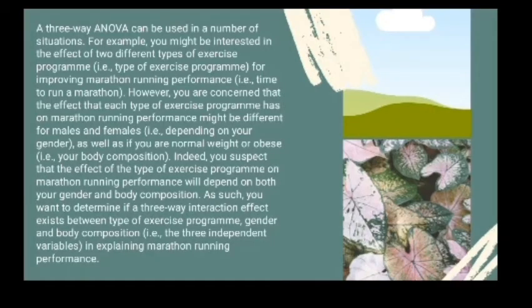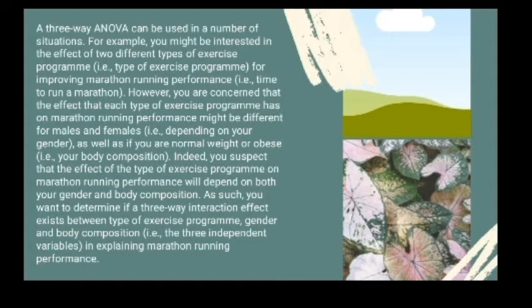A three-way ANOVA can be used in a number of situations. For example, you might be interested in the effect of two different types of exercise programs for improving marathon running performance. However, you are concerned that the effect that each type of exercise program has on marathon running performance might be different for males and females, as well as if you are normal weight or obese.